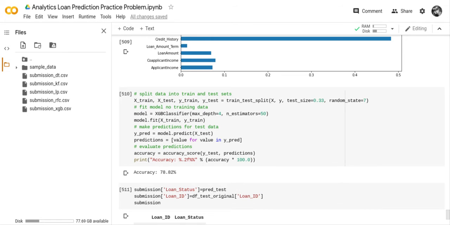But what happened with XGBoost is I couldn't get XGBoost to work with the code that was included in the Analytics Vidya course. I tried everything I could. I looked on the internet. I looked on GitHub. GitHub had some code you could use.